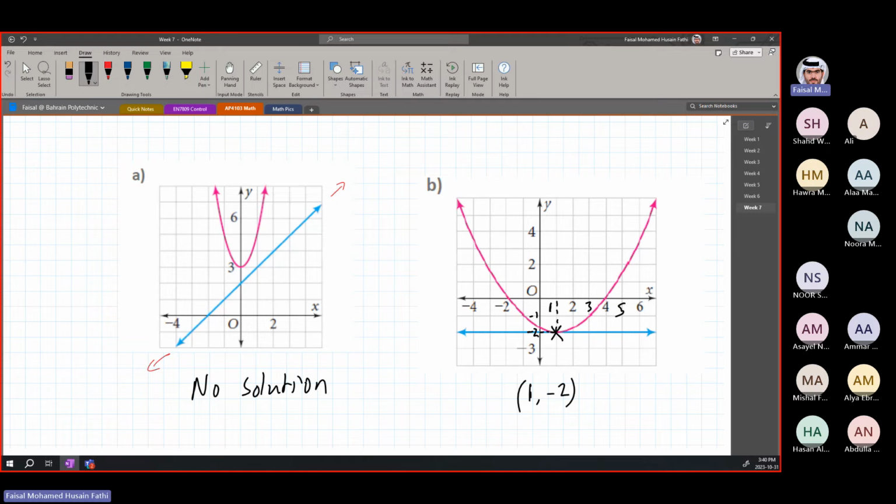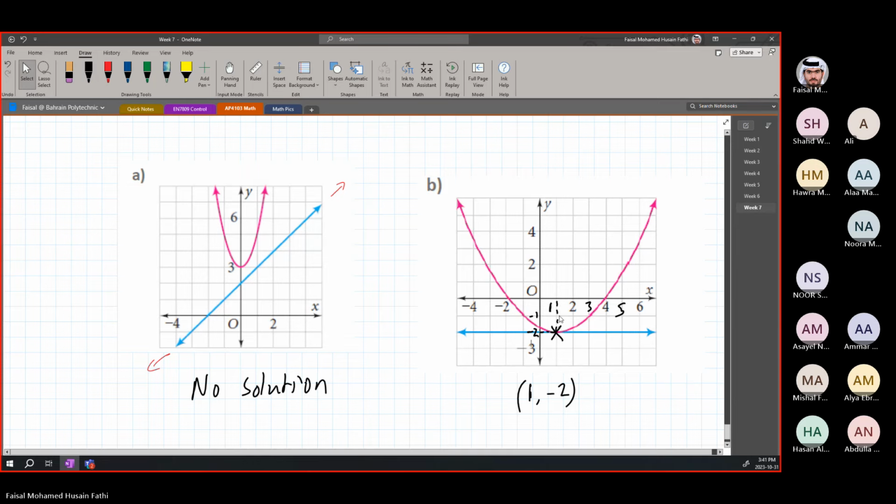So here the intersection is x and y, right? Not y intersection. What do you mean? I didn't understand your question. What do you mean, intersection is x and y? Are you talking about intercepts? Well, I didn't understand your question.